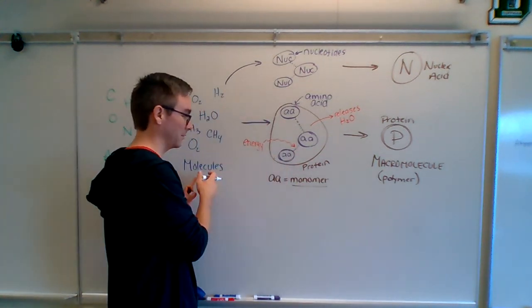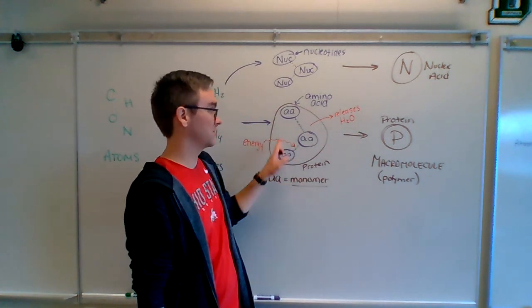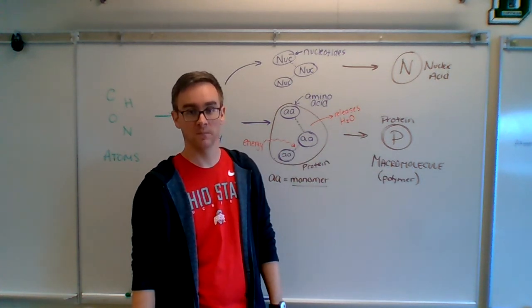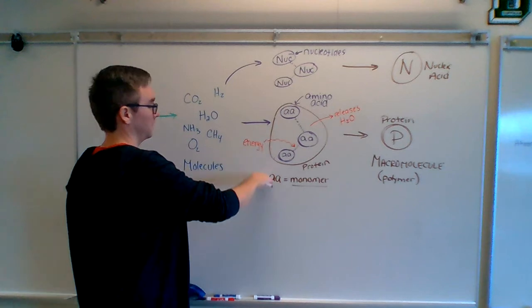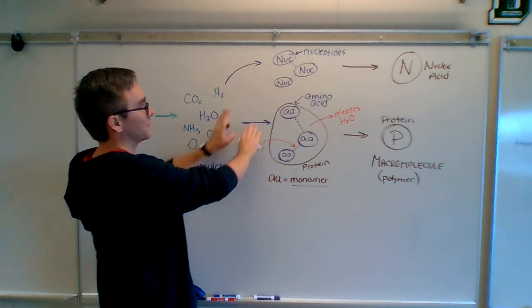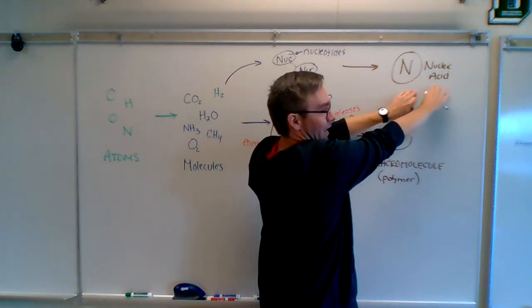And then we took the monomer to create a polymer. In this case, if the monomer is amino acids, the polymer is going to be a protein. Like I did the example up here, I use atoms to make molecules, molecules together to make nucleotides, and then nucleotides together to make a nucleic acid.